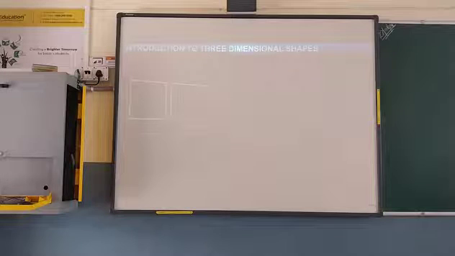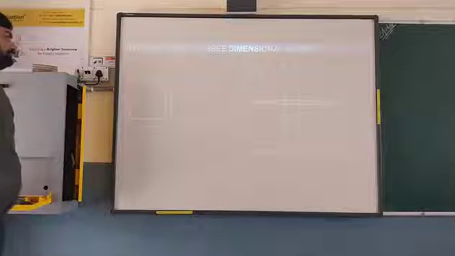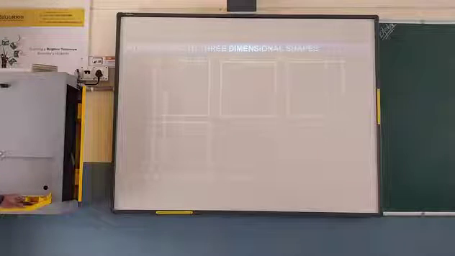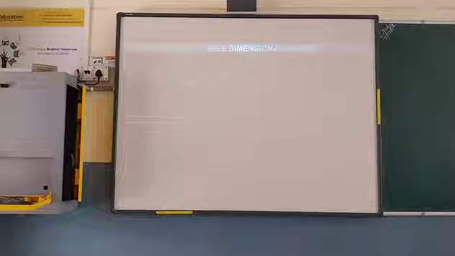Two-dimensional figures can be combined to form three-dimensional shapes, as you have learned. So we are taking 2D figures. If we combine them, we form a 3D shape. For example, 6 squares can be combined to form a cube.